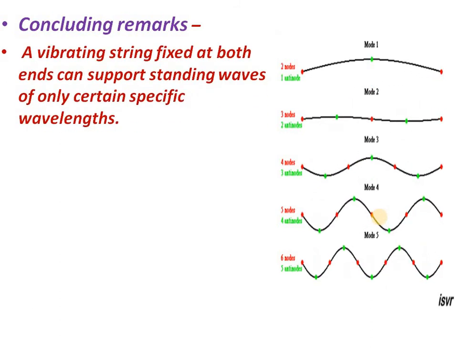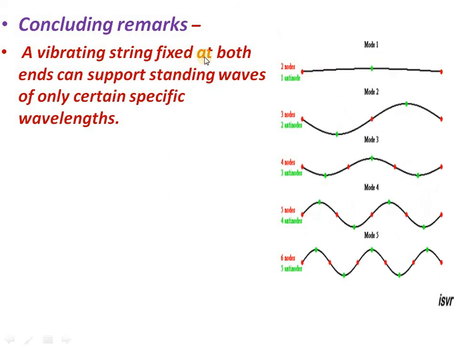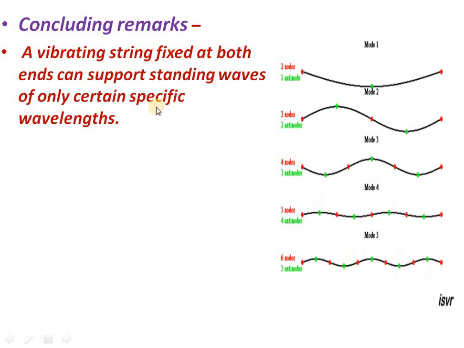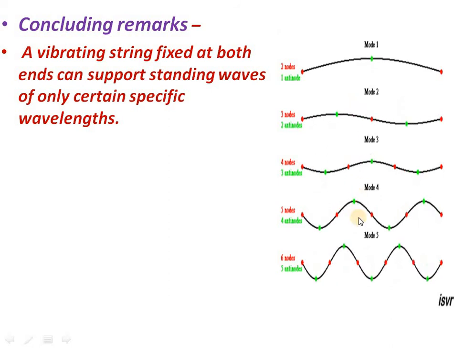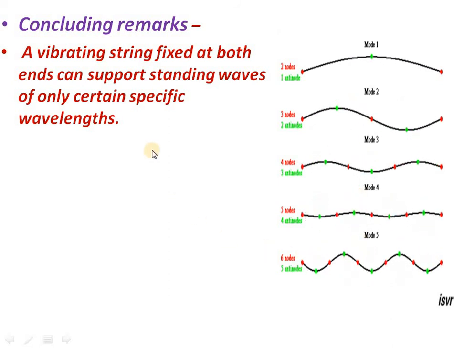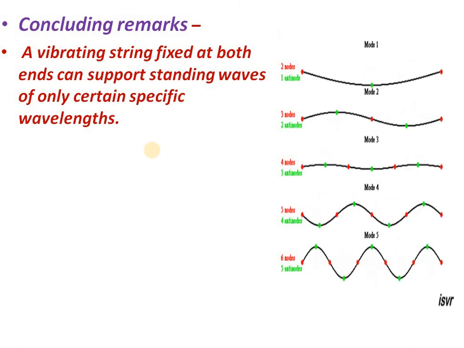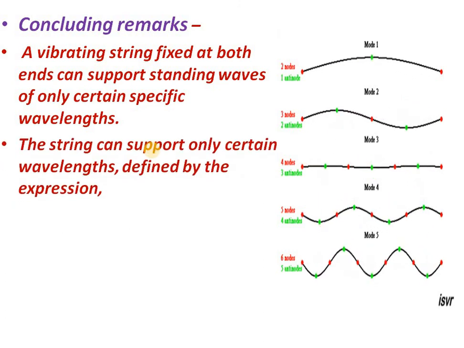So let us recap once again what we have done. A vibrating string fixed at both ends can support standing waves of only certain specific wavelengths. That is clear. You cannot excite an arbitrary wavelength; only specific values, some integral multiples, are possible.